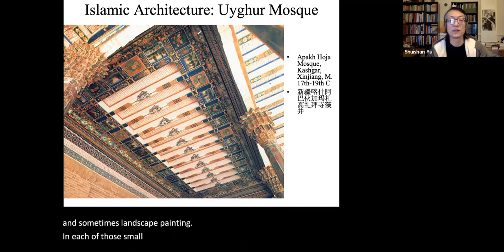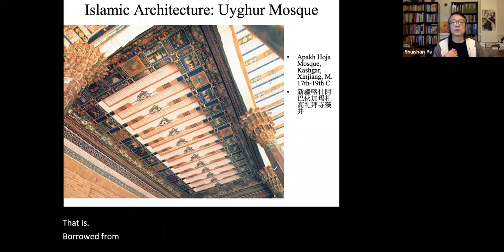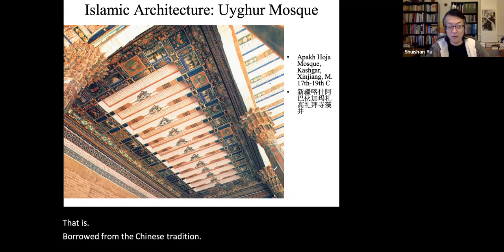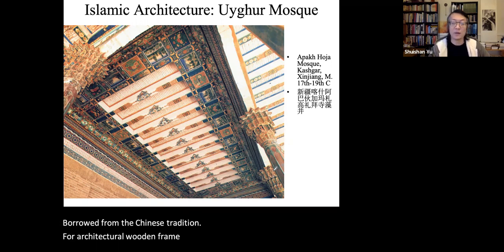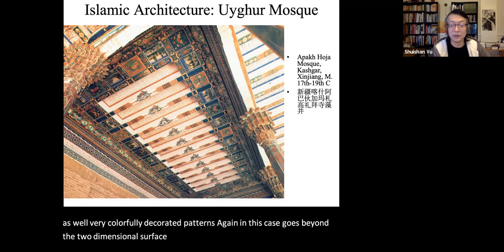And that is borrowed from the Chinese tradition of architectural wooden frame painting. And let's get a closer look at the capital as well. Very colorfully decorated. The patterns, again, in this case go beyond the two-dimensional surface, to incorporate an entire three-dimensional shape.